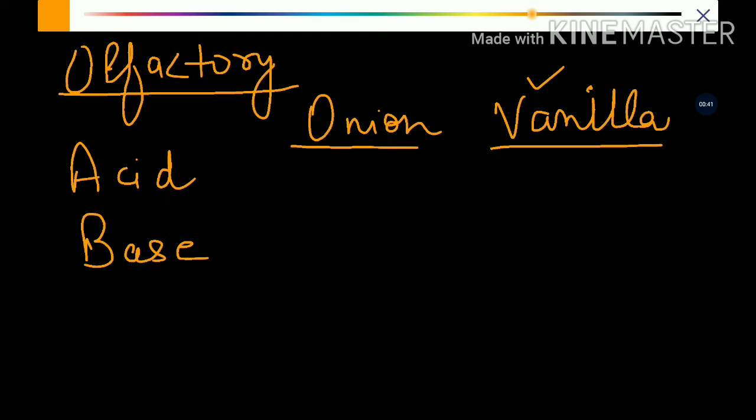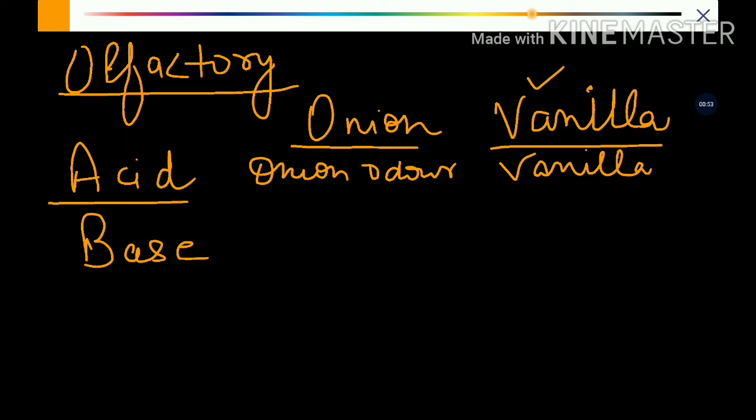In acid medium there is no change in the odor. That means the onion odor is retained, and for vanilla also the vanilla smell is retained. But in basic medium, in both cases the odor is gone, so there is no characteristic smell.